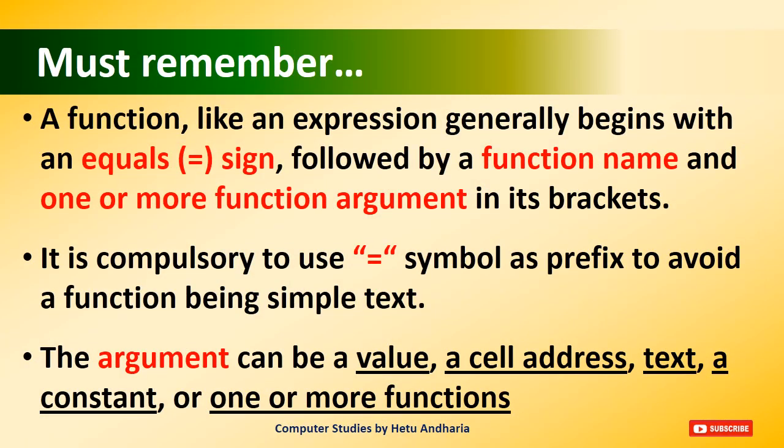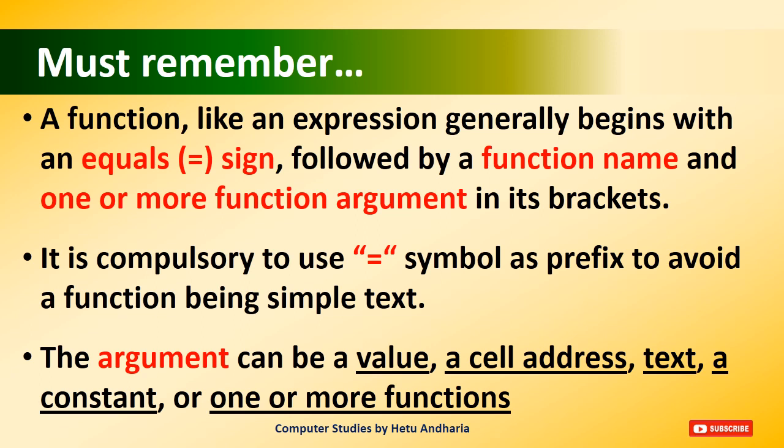Now the basic thing about functions which you should remember is that a function, like an expression, every time begins with an equal to sign followed by the function name. For example, we had done the sum of different subjects' marks, then we had used the function SUM.